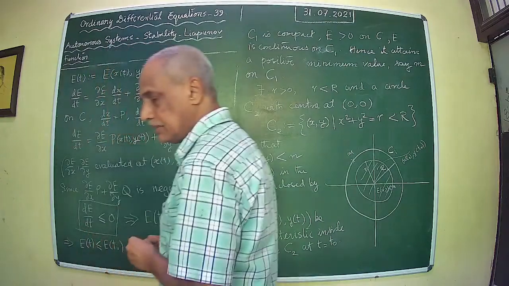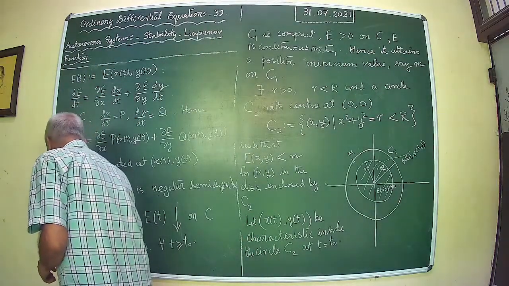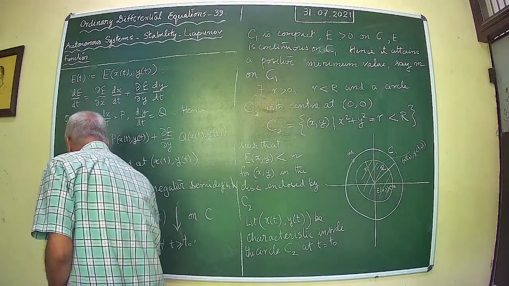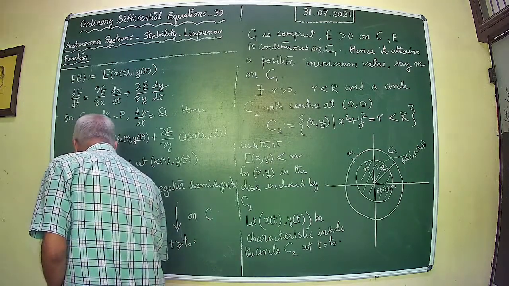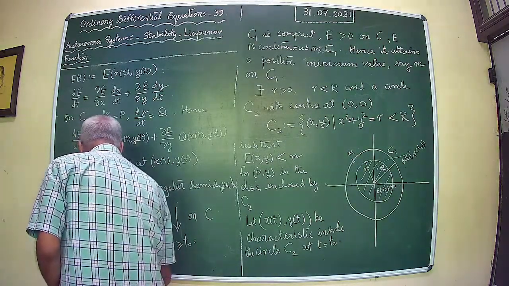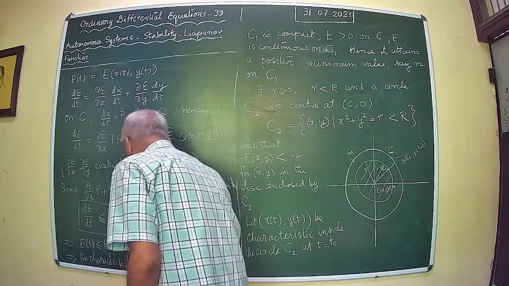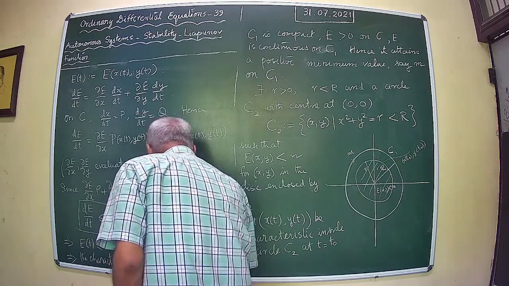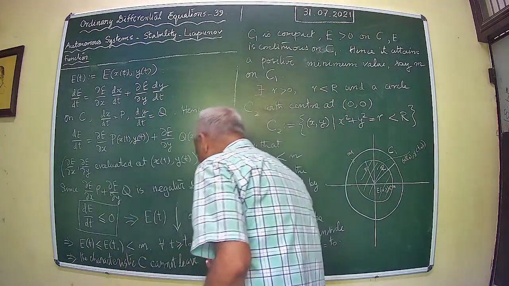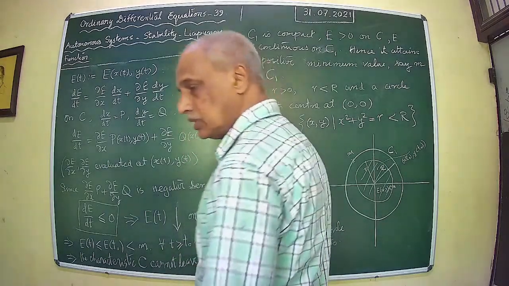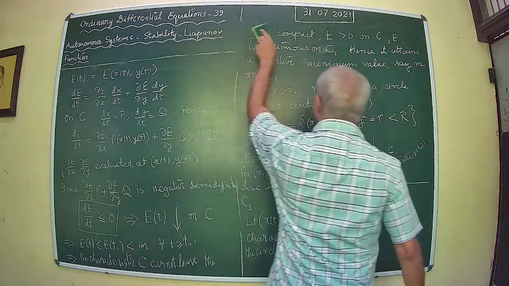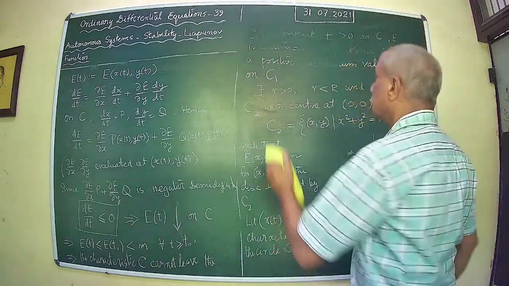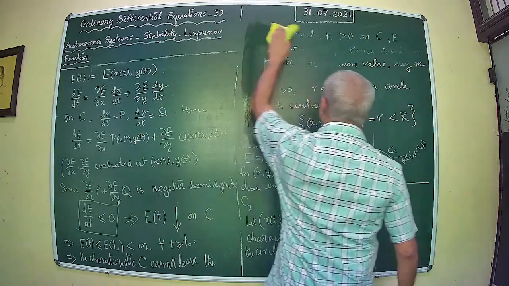Okay, that means see the characteristic C cannot leave the region enclosed by C2.